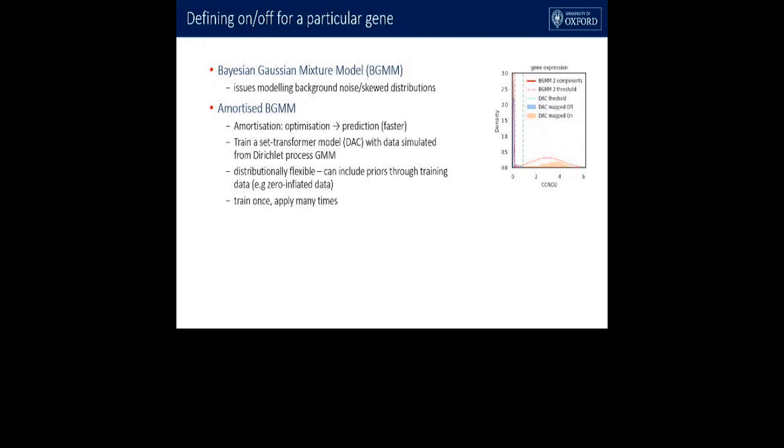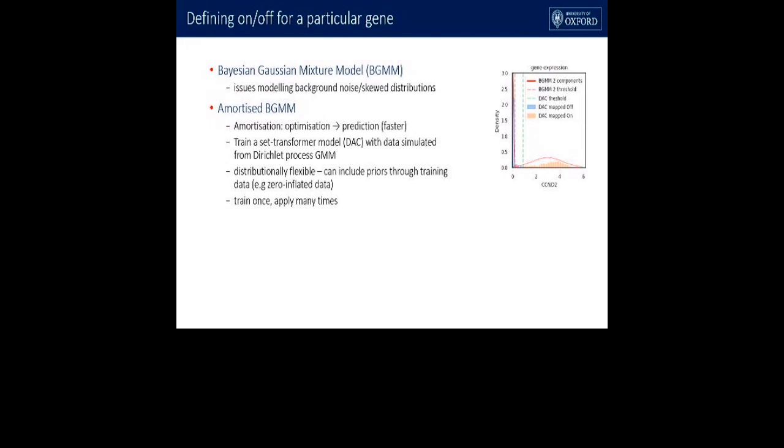Ideally, we want a model that can identify the zeros, but also maybe some background expression and map those to off, and then map that on distribution. So one option is Bayesian inference under a Gaussian mixture model with a Dirichlet distribution, which is just a fancy way of saying a mixture model with a varying number of components to map to the zeros, map to the off background expression if it's there, and map to the on. And we found in practice that using something like this has a few issues.